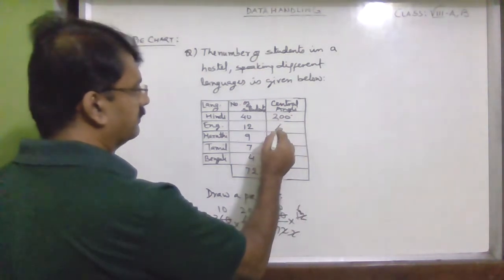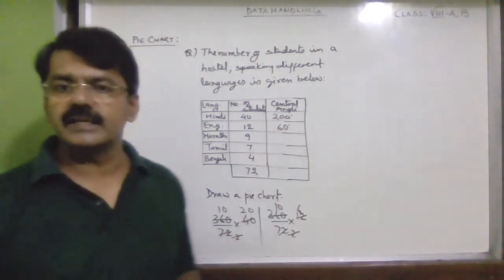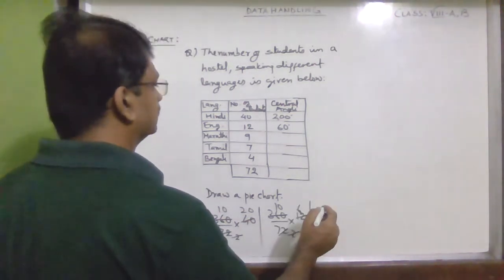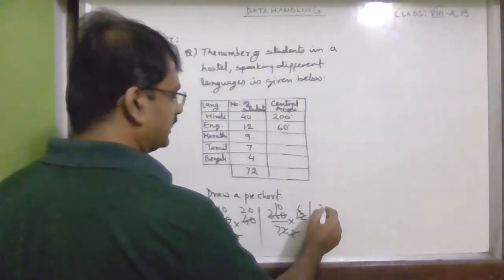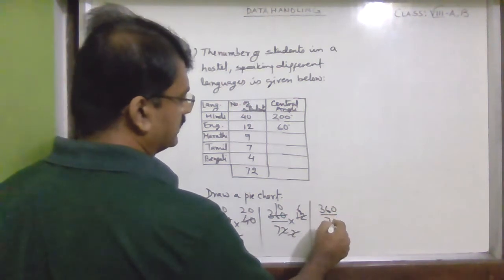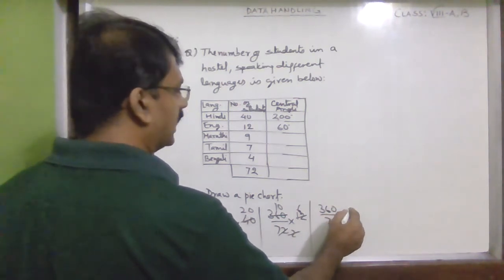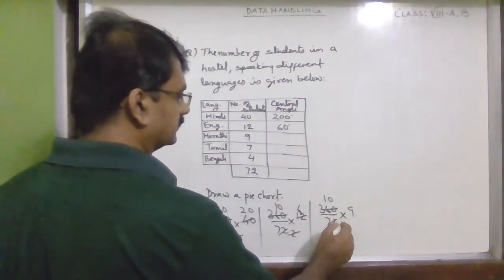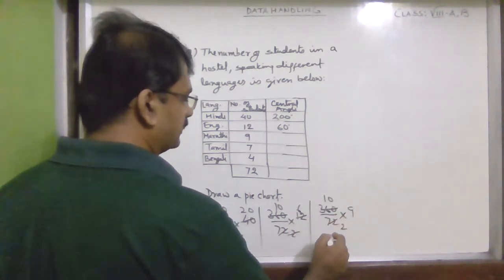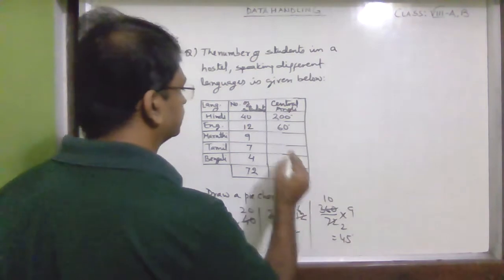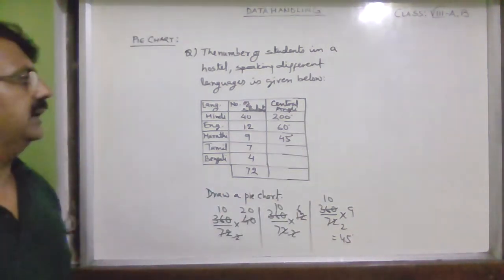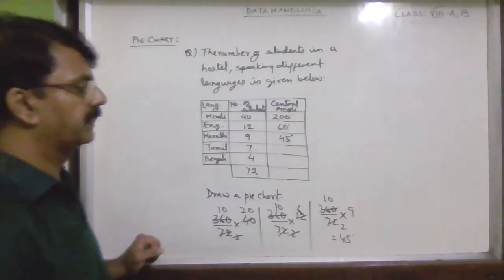This is 60 degrees. Next is 360 upon 72 into 9. That is 45 degrees.